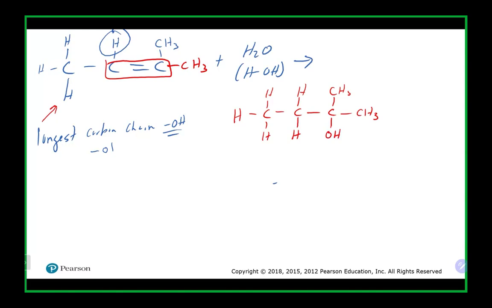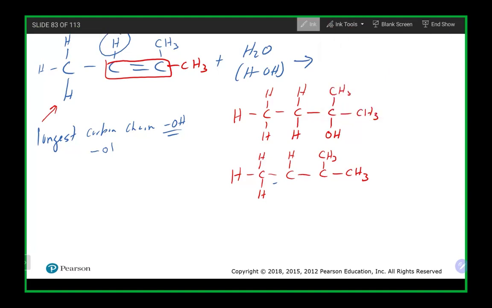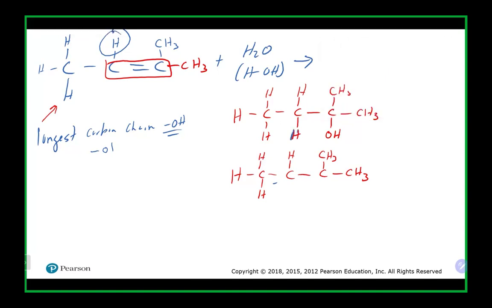Now we can also do this. And one option obviously would be the opposite there and switch them around. So just do this in a different color here, H, OH, and then we'll do OH and H.